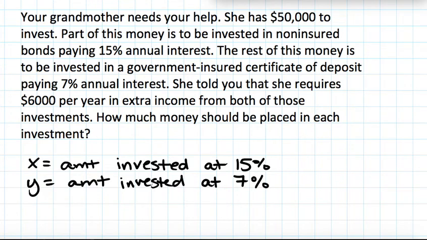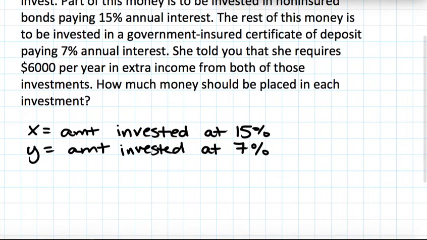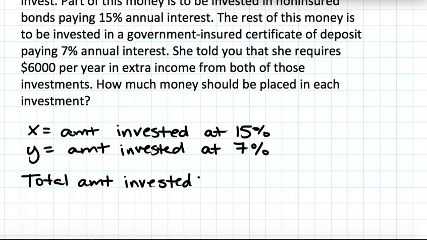So we have two equations again that we want to write and then solve the system. The first equation is our total amount that we have invested. The amount that she wants to invest is $50,000. So if I add the amount in each account, x plus y, that should equal 50,000.